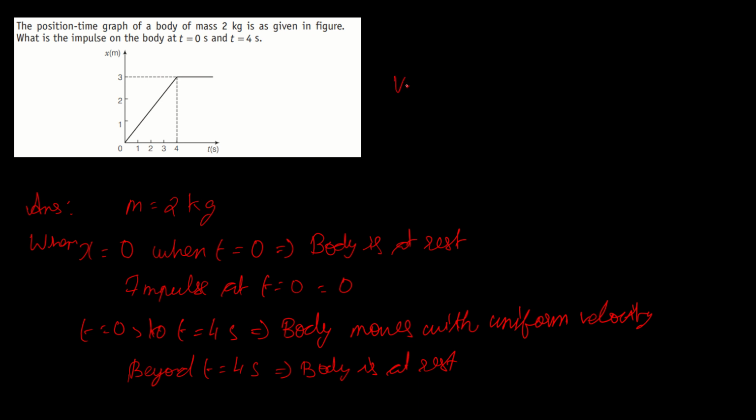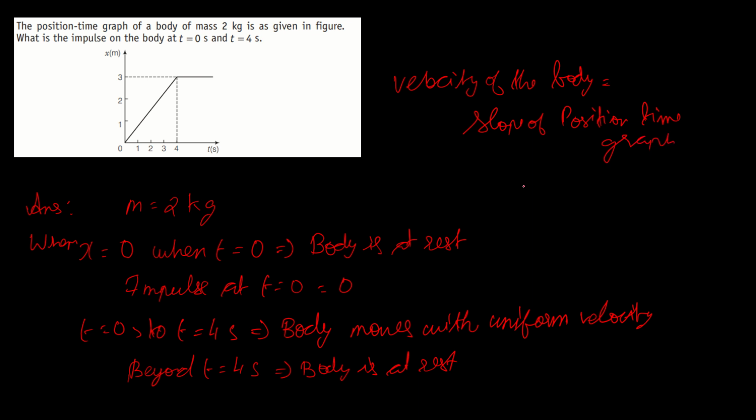That is, the velocity of the body will be equal to the slope of the position time graph. What is it? It is equal to tan theta, which is equal to 3 by 4, right? With the help of this, we can find the impulse on the body at t is equal to 0 second and t is equal to 4 seconds.